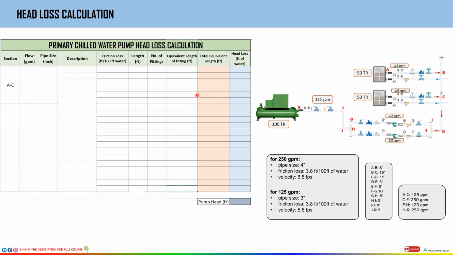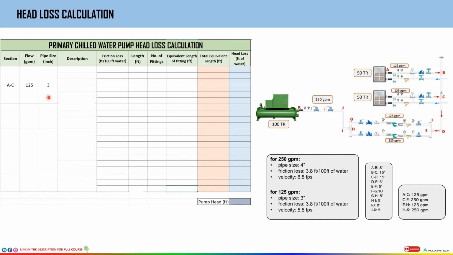Now what is the flow in A to C? We already know it's 125 GPM. So we'll just mention it over here. And what is the pipe size? For the section A to C, which has 125 GPM flow, we have already determined the pipe size, which is 3 inches. So we'll note it down over here. All right.